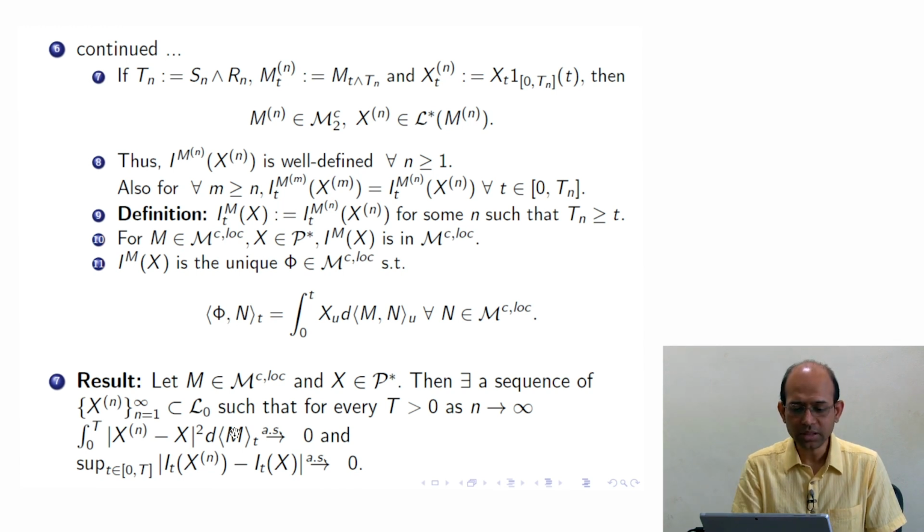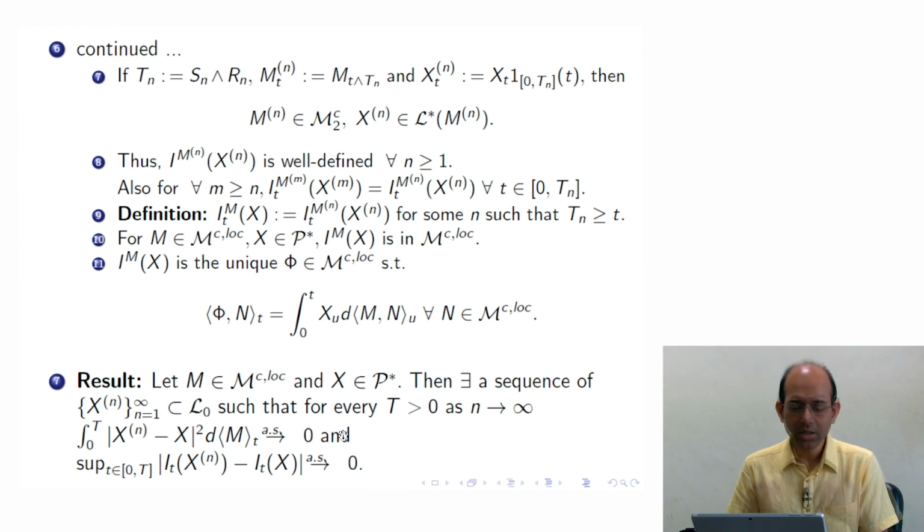This result is stronger than the earlier result. It is saying that if I have x from P star, then I can choose a sequence of simple processes so that, without taking expectation, this random variable itself, the integration from 0 to capital T for a fixed capital T with respect to the quadratic variation of m, goes to 0 almost surely.